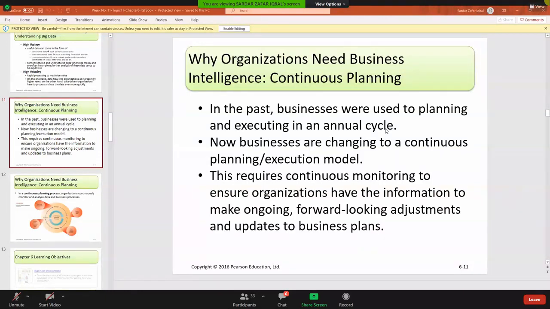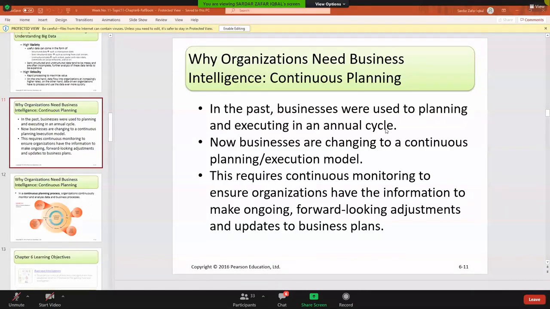Continuous planning is required. As we discussed, every 5 minutes we receive something new in our organization in terms of data, and you need to keep an eye on that because of market changes, advancement in technology, and changes in consumer needs. So you have to be very vigilant, and you need continuous planning.